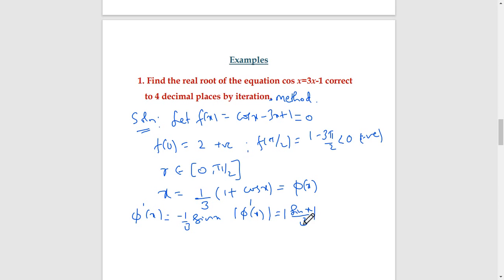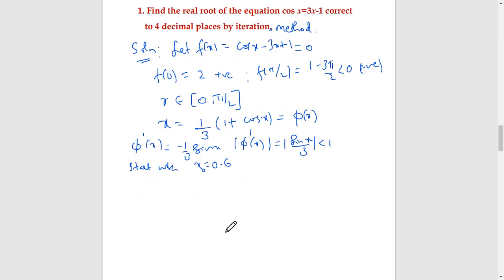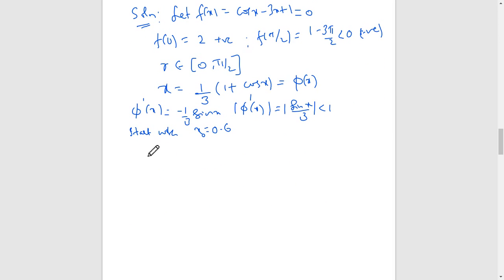We know that mod sin x is less than or equal to 1, so sin x by 3 will obviously be less than 1. Therefore, all conditions are satisfied to start the initial approximation. So start with x naught equal to 0.6.